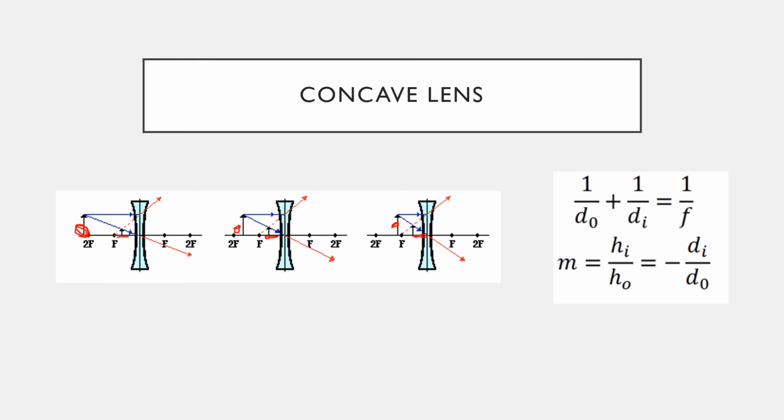So we have an image type that would be classified as virtual because it is on the same side as the object, so it's not actually there. And m is going to be positive, although it will be less than 1, meaning that it won't be magnified because the image height is less, this little arrow is less than the big arrow. So a small thing divided by a big thing is still positive, although it's going to be small.